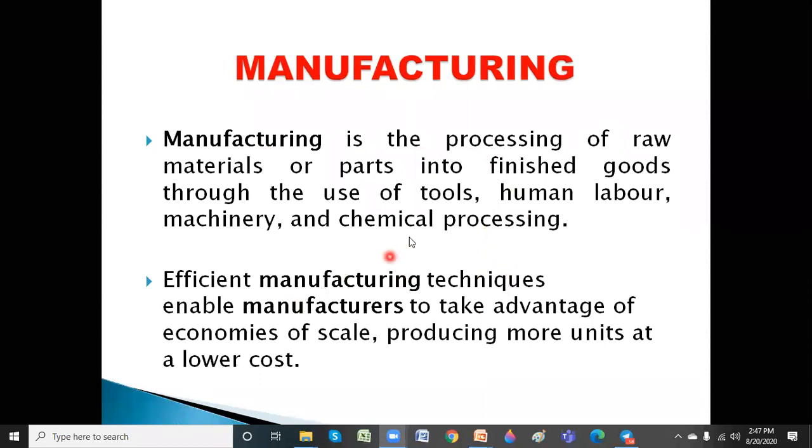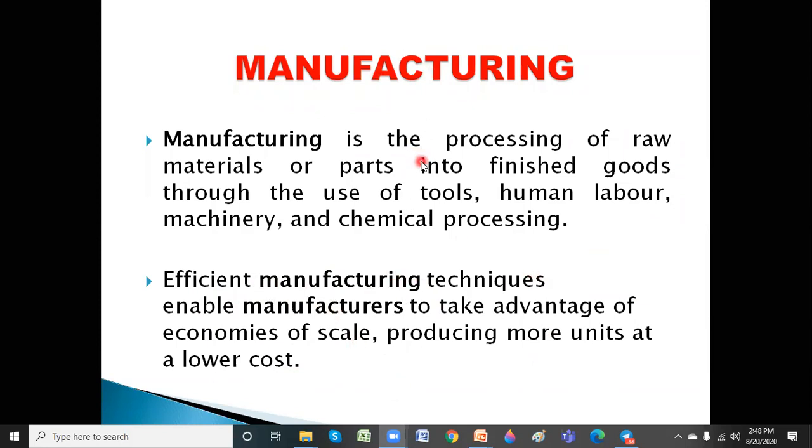Now, why do I need an efficient manufacturing technique? If you make use of efficient manufacturing techniques, you obtain a good economy, and the finished good you get will be of very low cost. That's the advantage of an efficient manufacturing technique.